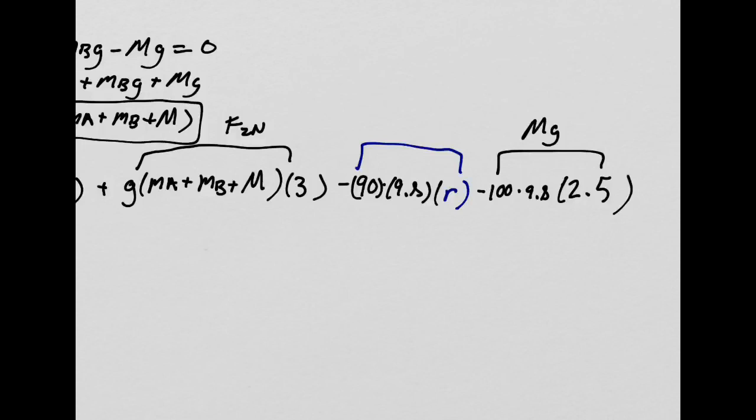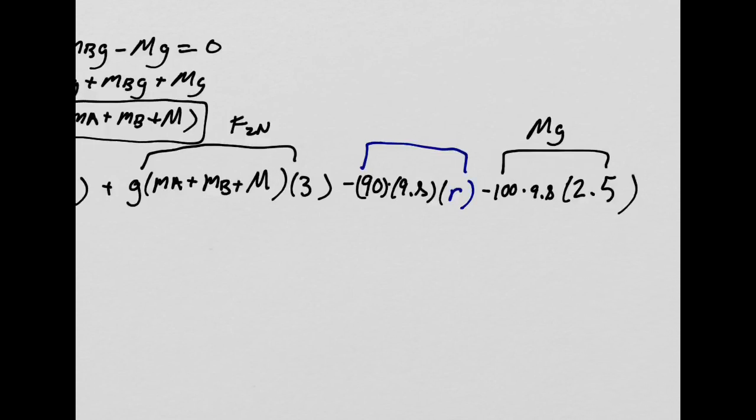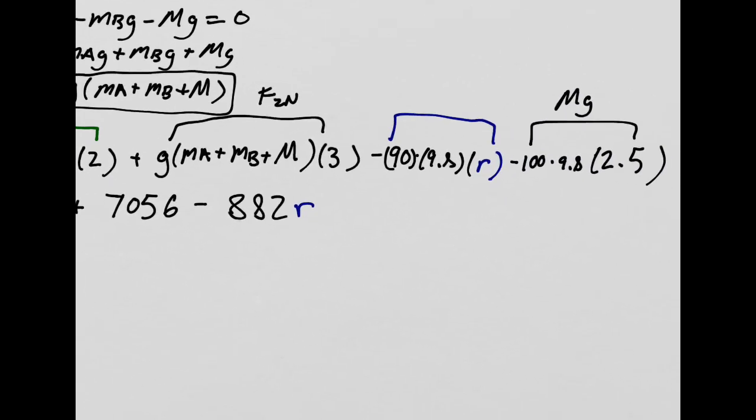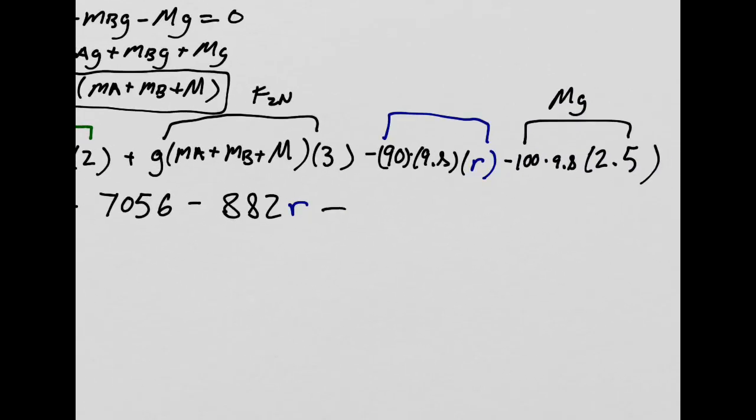So if we plug all of these into our lovely calculator, 50 times 9.8 times 2 is 980, plus 9.8 times Ma 50 plus Mb 90 plus M 100 times 3, this is 7056, minus 90 times 9.8, 882, times our blue R, minus 100 times 9.8 times 2.5, 2450.